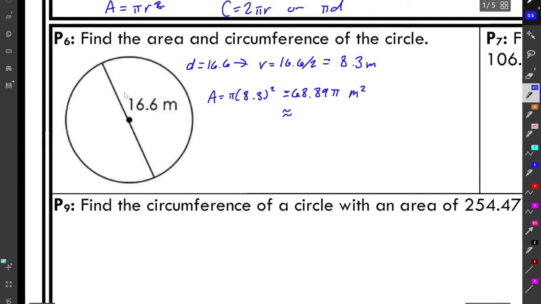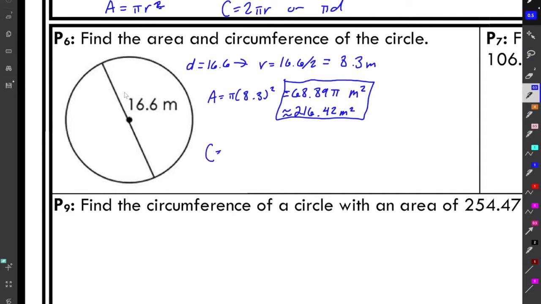And then we give a decimal approximation of this, and that comes out to 216.42 meters squared. Alright, for circumference, I'm going to use the diameter formula because we're given the diameter.